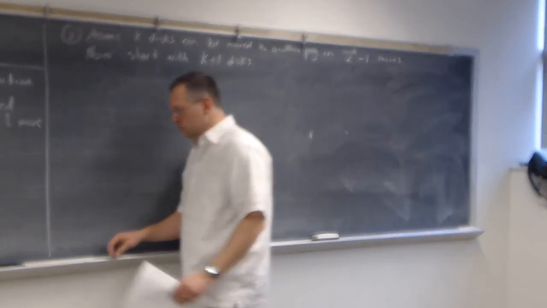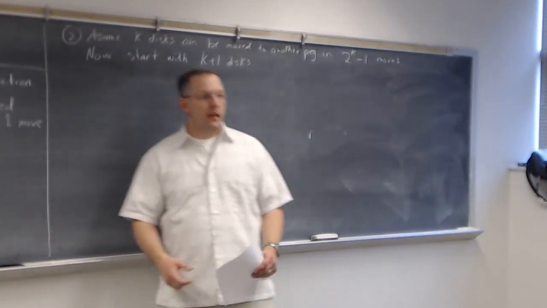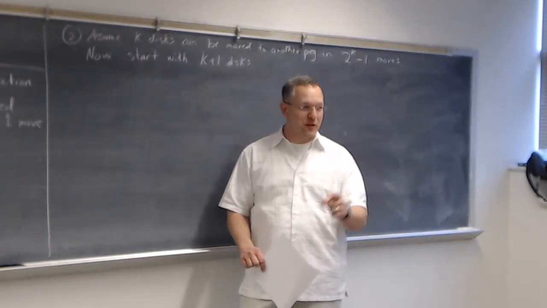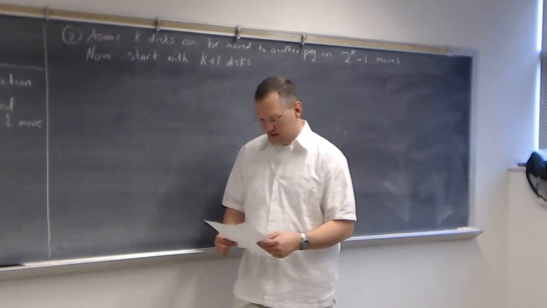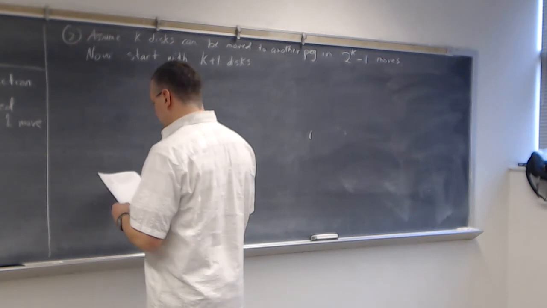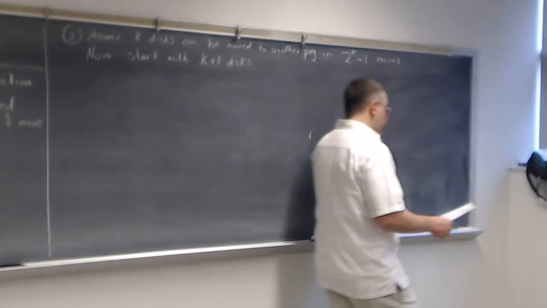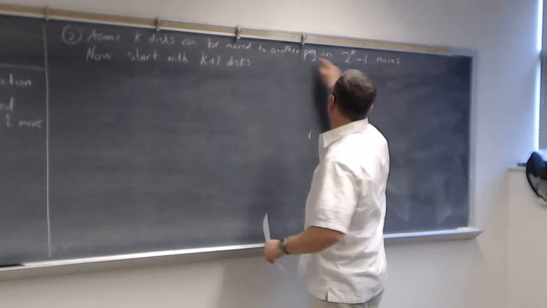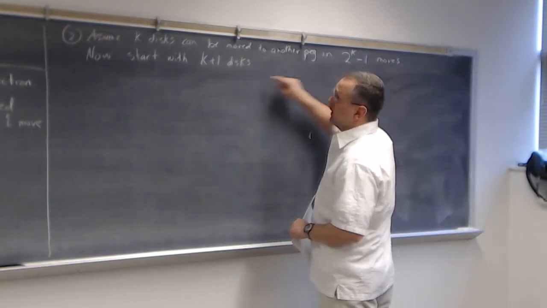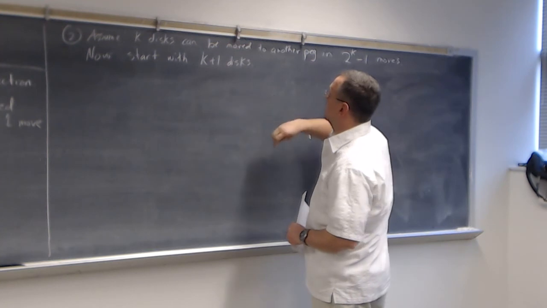Because it's 2 times that? Yeah, 2 times 2 to the k will be 2 to the k plus 1. All right. So that's the way the proof works. So we assume that k disks can be moved in this many moves. Now suppose we have k plus 1 disks.